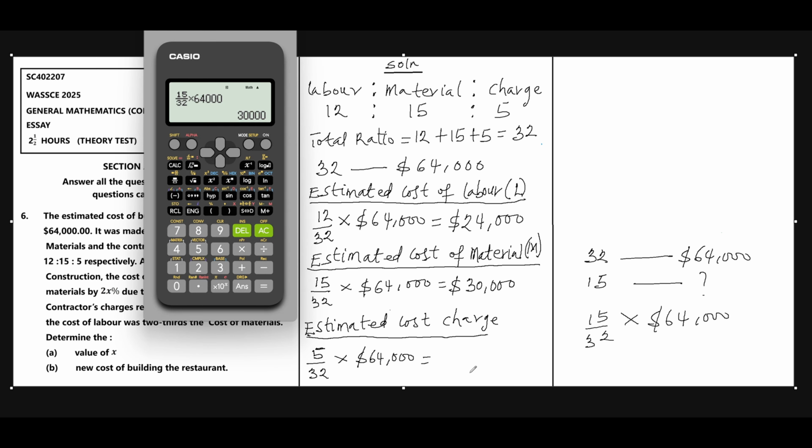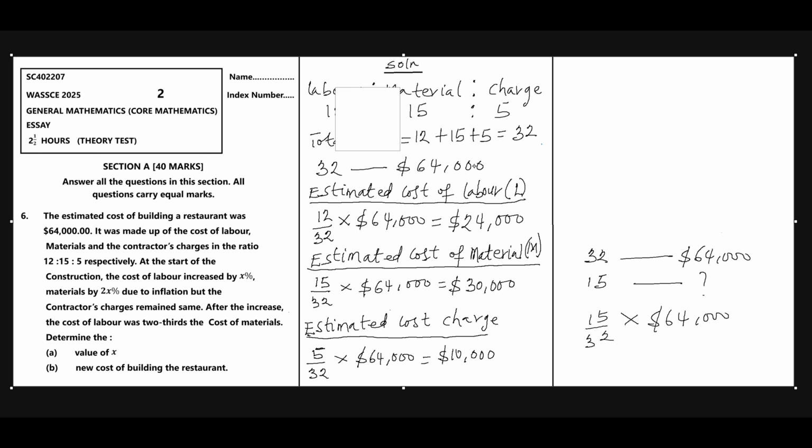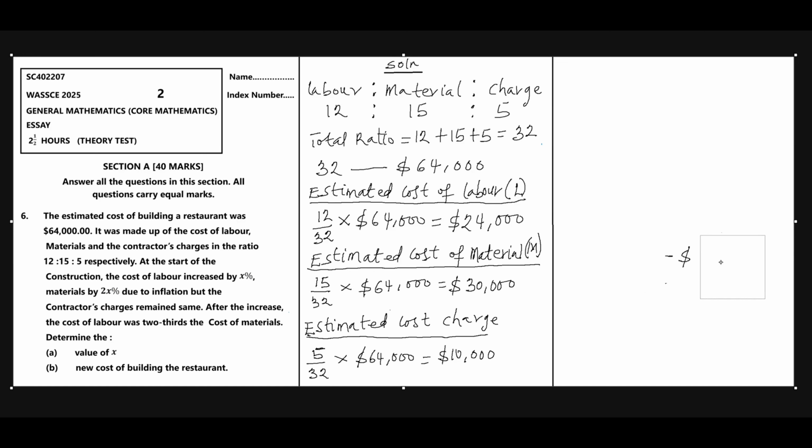What will change is the ratio for charge. Instead of 15, we have 5. So 5 out of 32 multiplied by $64,000 gives us $10,000. So this was the initial estimated cost of the three different items needed to build the restaurant.